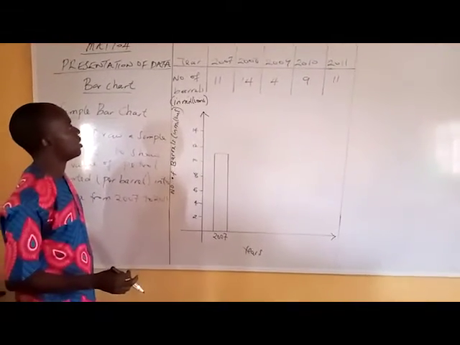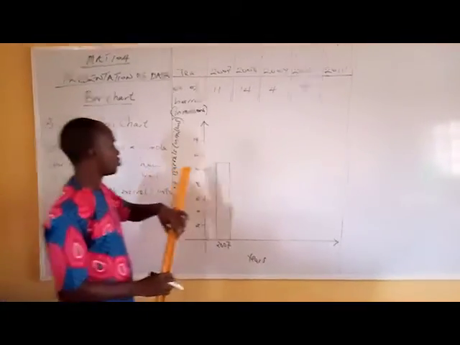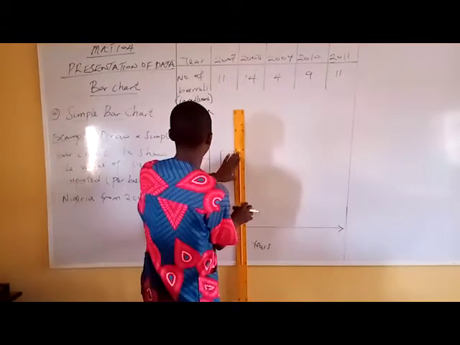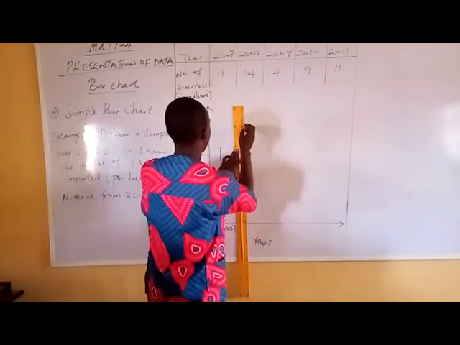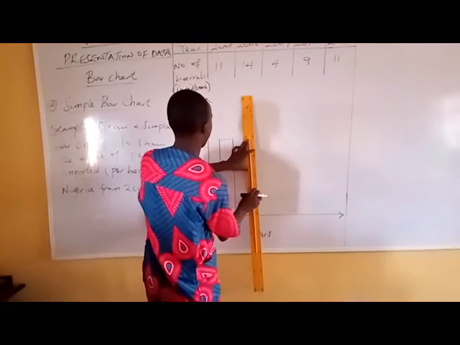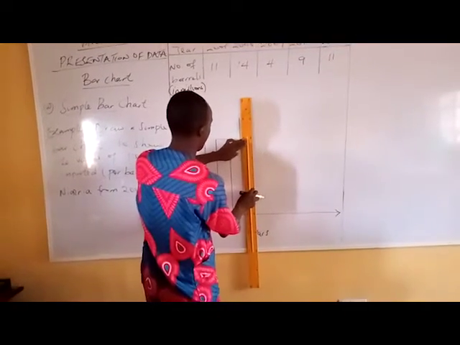2008, there are 14 million barrels. 2008, 14. Let me see the size of this cell, okay?